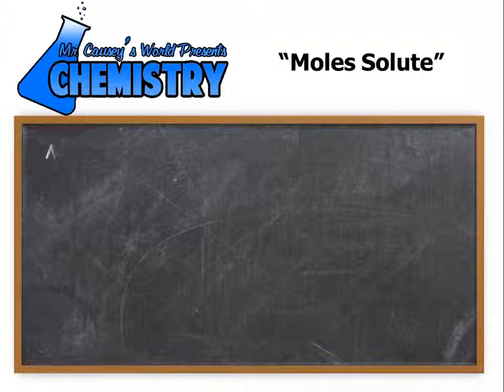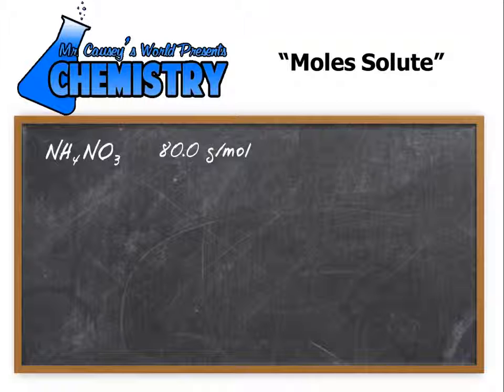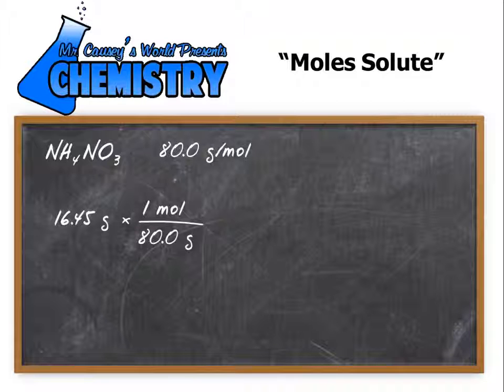Moles of solute. Now again, ammonium nitrate is 80.0 grams per mole as a molar mass, and if we take the number of grams that we're using of solute and multiply that to the conversion of 1 mole per 80 grams, grams will cancel out. And you see how unit analysis, or maybe you call it dimensional analysis, is useful.